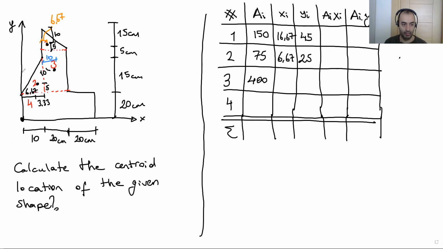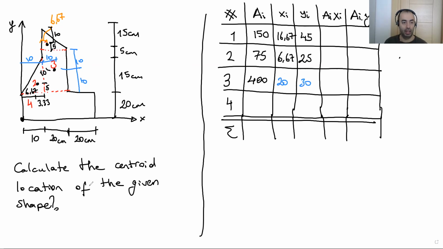Okay, and this part is 10. Totally, xi is 20. And let's have a look to yi. Total height here is 20 again. This is 10 and 10. And here we have 20. Totally, it's 30.